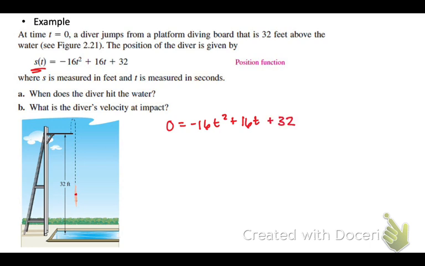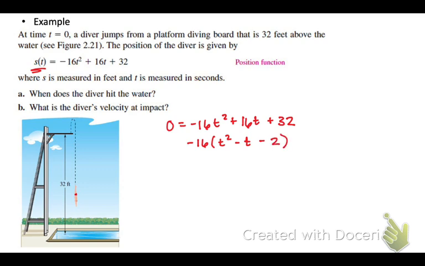If I want to know where it equals 0, I probably better factor it. Factor out a negative 16, definitely. So t squared minus t minus 2.